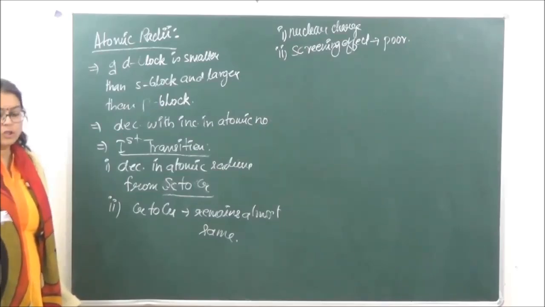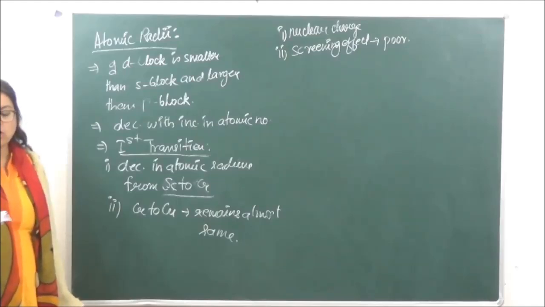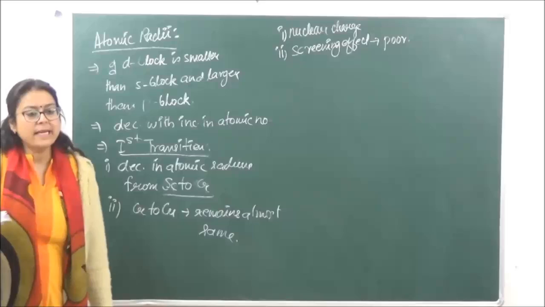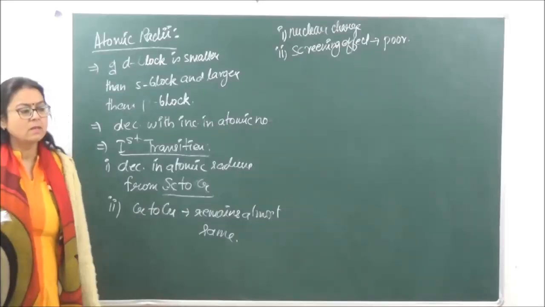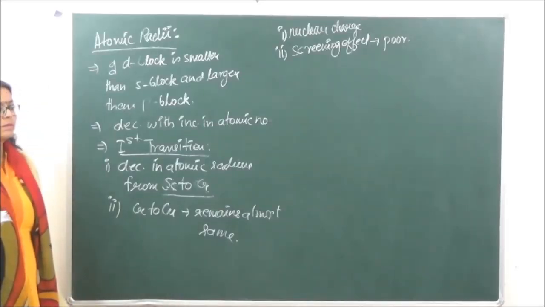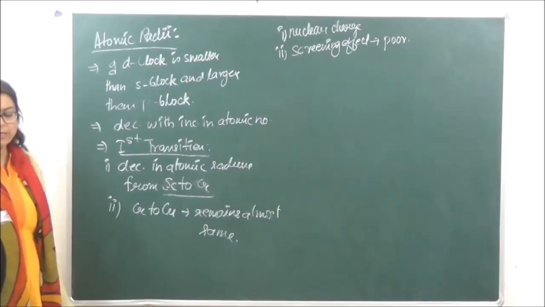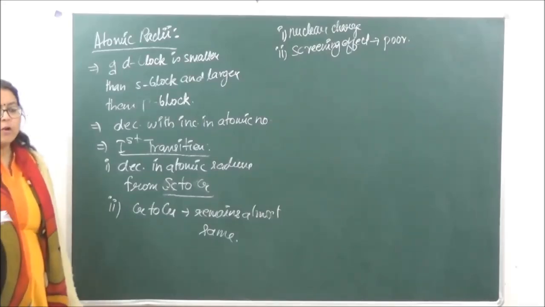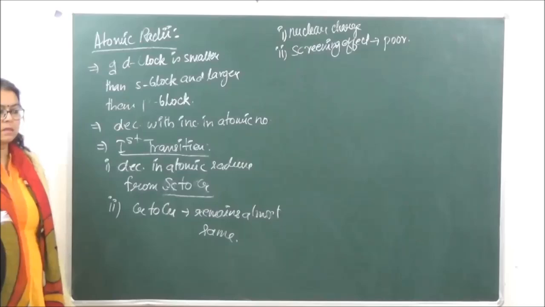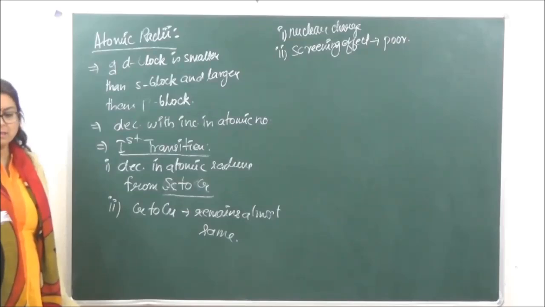As the number of d electrons increases, the screening effect will also increase. From midway onwards, both the effects become nearly equal.